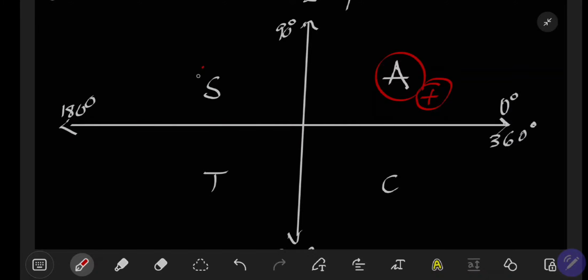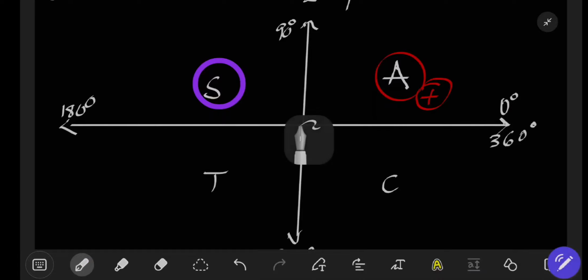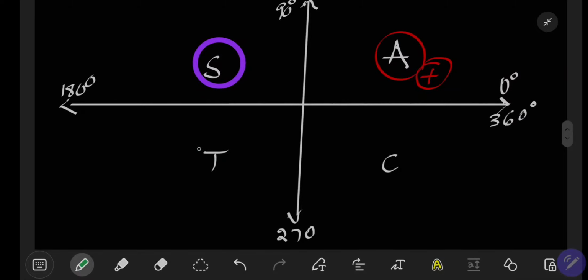Then we move to the second quadrant, from 90 degrees to 180. We see S here, so only sine is positive in this quadrant. The other two trig ratios are negative. When we go to the third quadrant, between 180 degrees and 270, the only trigonometric ratio that is positive is tangent.